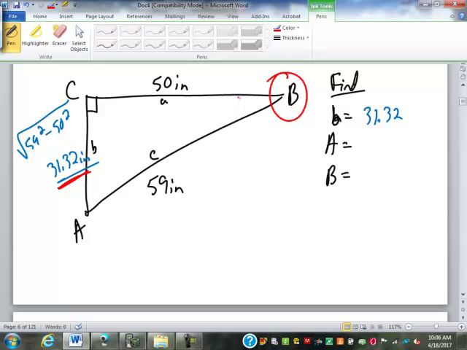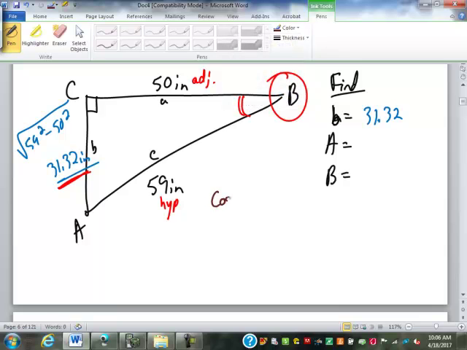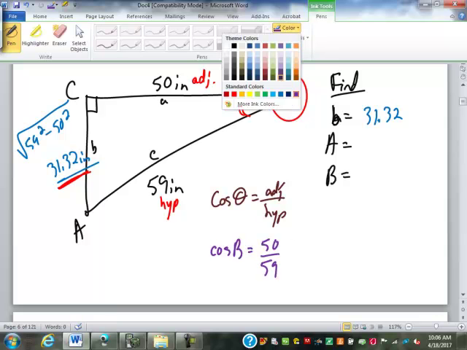How's that? Okay. So anyway, angle B, the 50 is what side? The adjacent. And the 59 is hypotenuse. So we are looking at a cosine. Cosine of an angle equals adjacent over hypotenuse. So then we'll put in the cosine of angle B is 50 over 59.